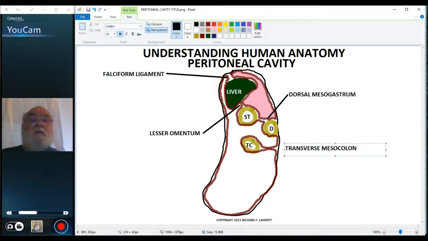Which, of course, is the mesentery of the transverse colon.